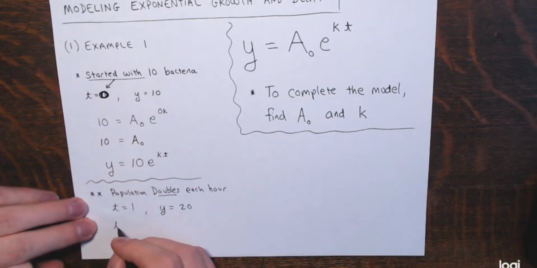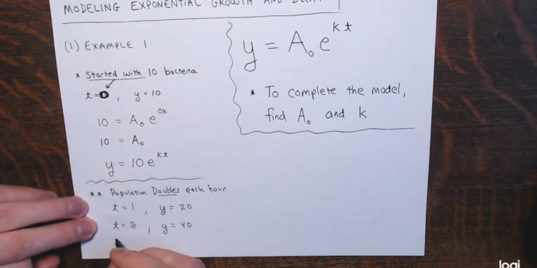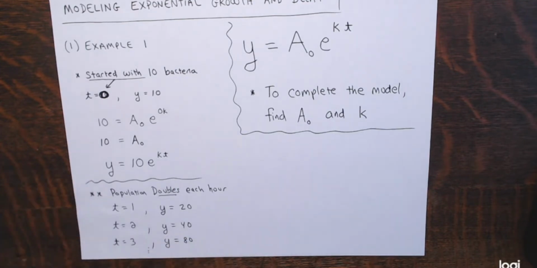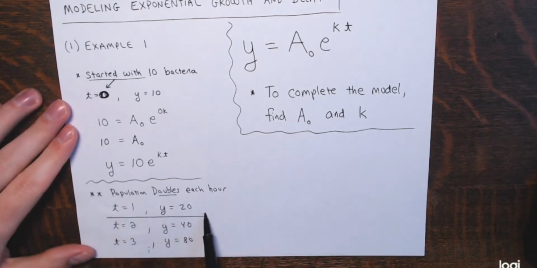When t equals 2, the value of y would be 40. 1 hour later, the population doubles. When t equals 3, the value of y would be 80. And I could do this forever, get all sorts of ordered pairs of t and y. But I only need one of these to find k, so I'm going to use this first one.